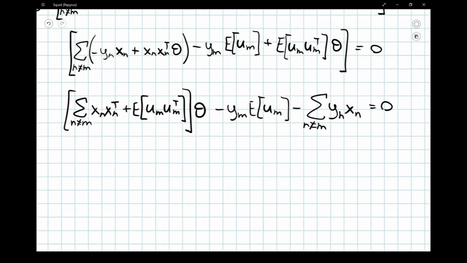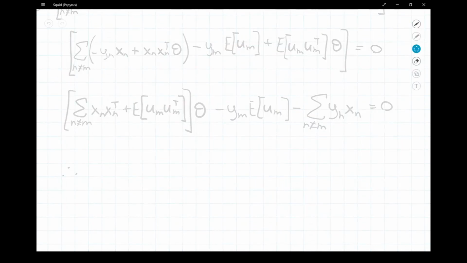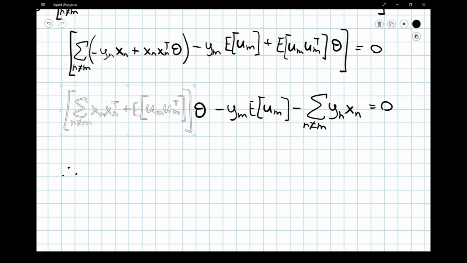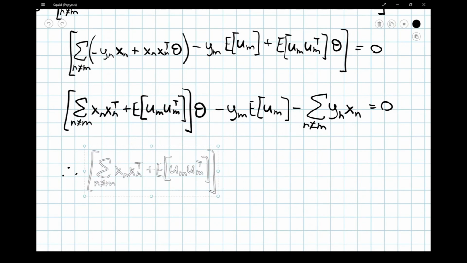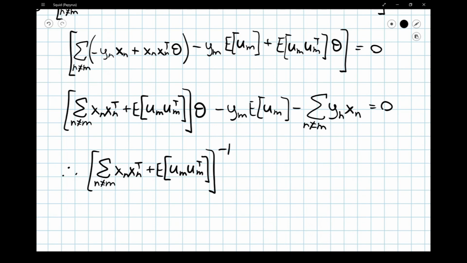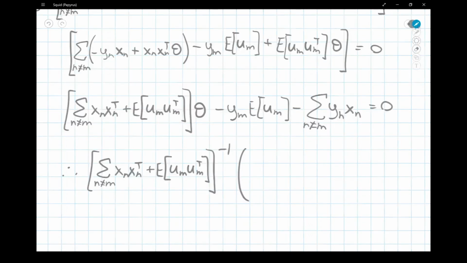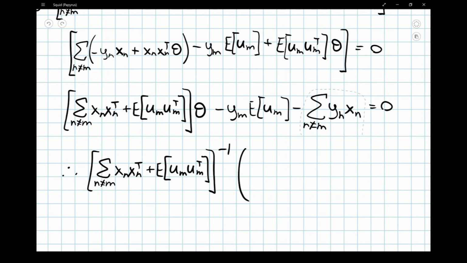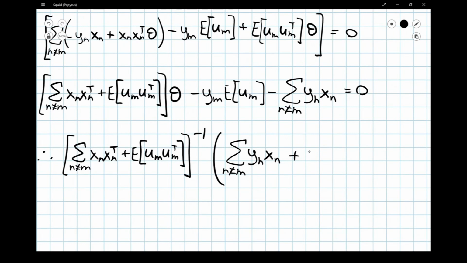So what we end up with is the inverse of this matrix multiplied by all this stuff, added to, so the only thing left over is here, ym expected value of.